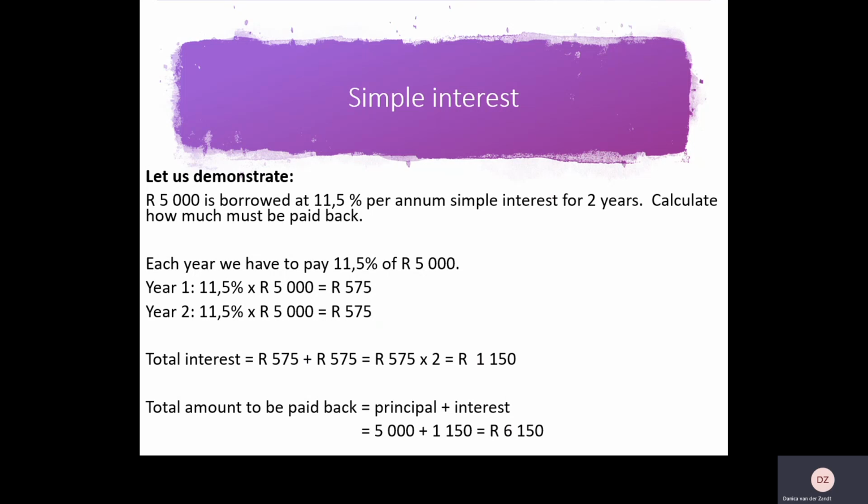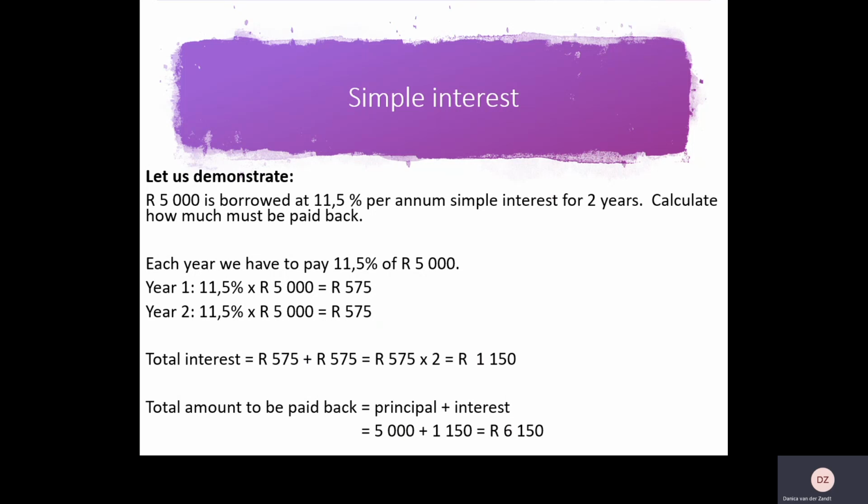Then year 2 is still based on my principal amount at 11.5% times 5,000 Rand, which is 575 Rand. So the total interest is 575 Rand for year 1 and 575 Rand for year 2, which is the same as 575 Rand times 2 instead of adding, a total of 1,150 Rand.